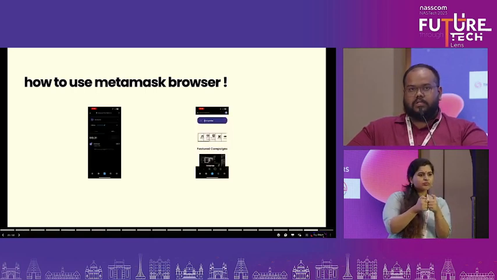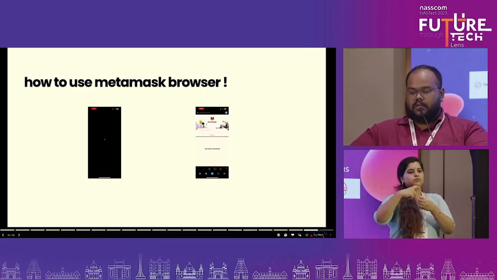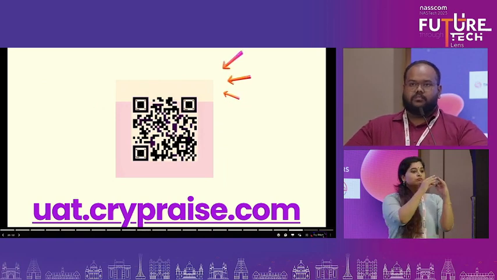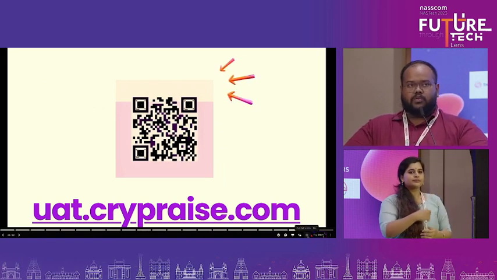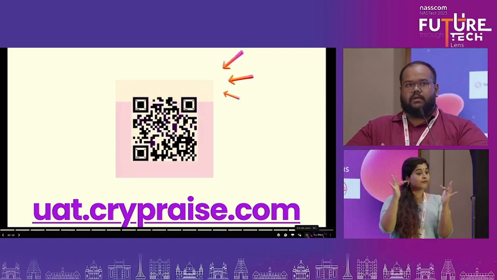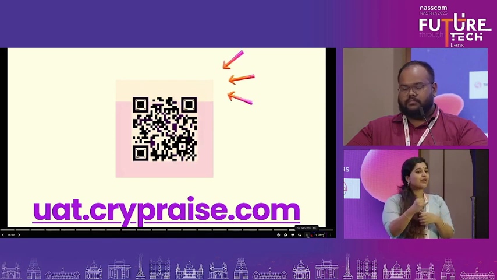I will wait for a moment so people can enter the platform. The platform is uat.cryptrace.com. You can also use a non-MetaMask browser, but you won't be able to sign in, as MetaMask is the wallet that you use to interact with Web3 applications.